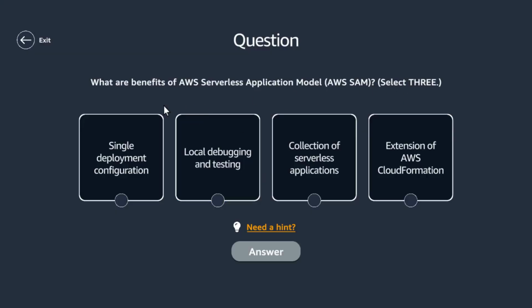Always make that mistake. What are benefits of AWS serverless? Oh, okay. Three. It is an extension of cloud, collection of serverless applications. Local debugging and testing. I think you can use that. I don't know if it's single deployment configuration.